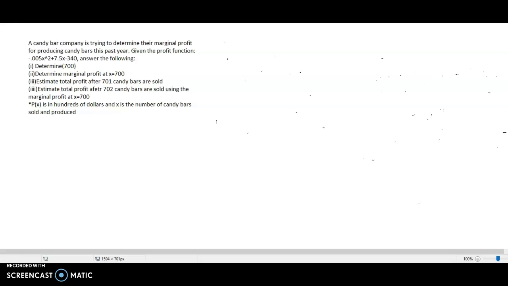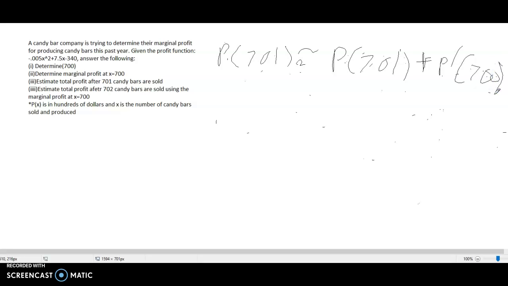All right, so on to problem 3. P of 701 is approximately the profit at 700, which we already figured out, plus the marginal profit that we found at 700 in the earlier problem.